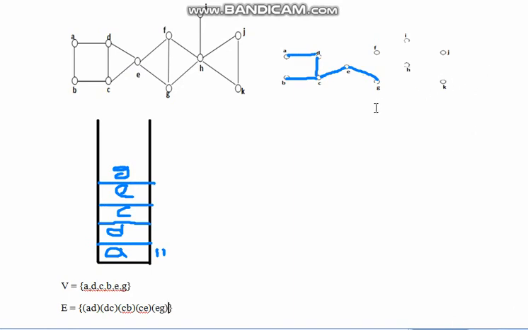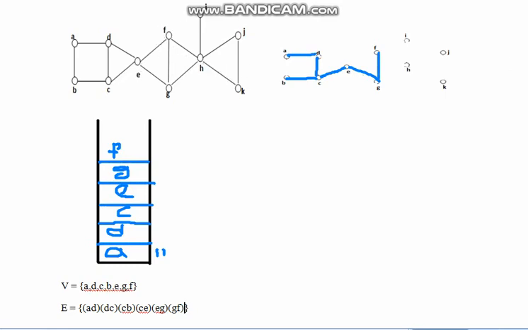Then from G I have F and H as unvisited neighbors, but I am choosing F here. So I push F onto the stack, the top element is F, I add F to the visited vertex set, and the edge is G to F. Then from F there is F to E and F to H. F to E forms a cycle, so discard it.